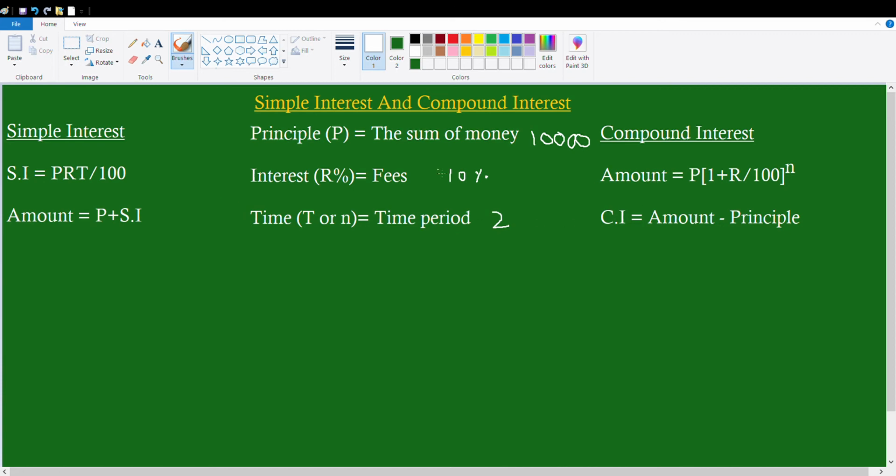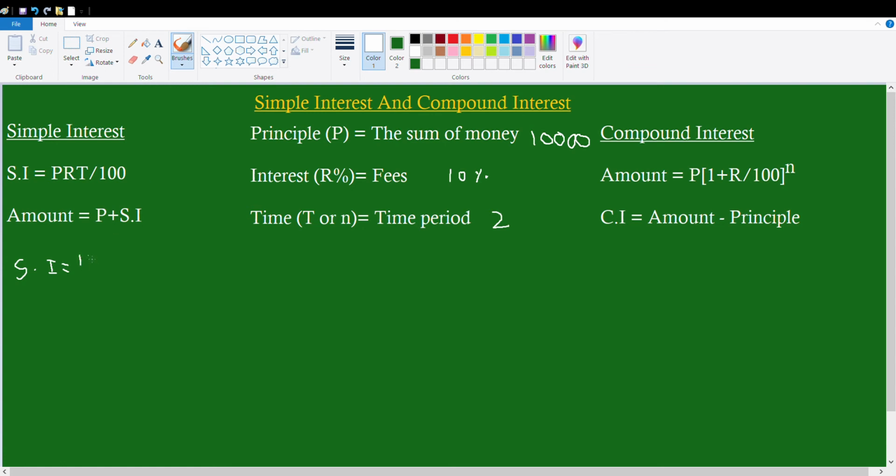Let's find out the simple interest for this 10,000 rupees and compound interest for this 10,000 rupees. We know the formula: simple interest is equivalent to PRT upon 100.